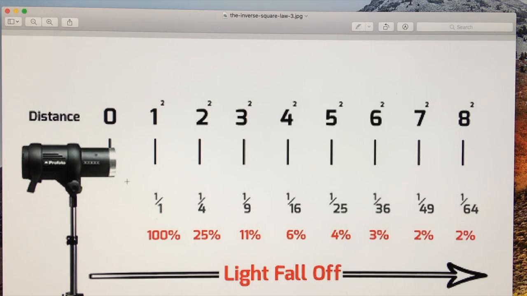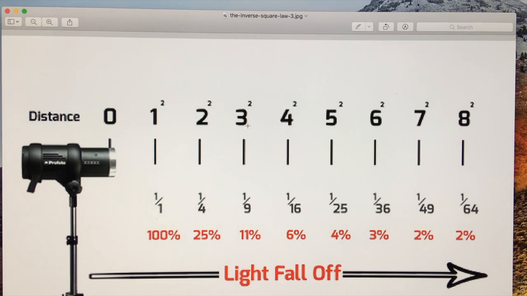The long story short: when the flash hits an object 1 foot away, 12 inches, you get 100% of the power. That makes sense. At 2 feet away, you lose 75%, so you're only getting 25% of the power. At 3 feet away, you're getting 11% power.